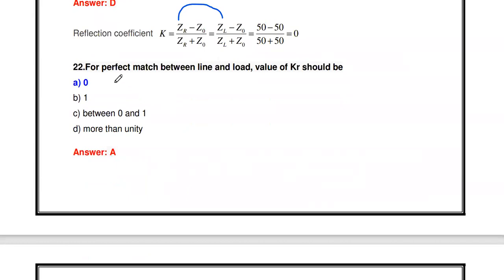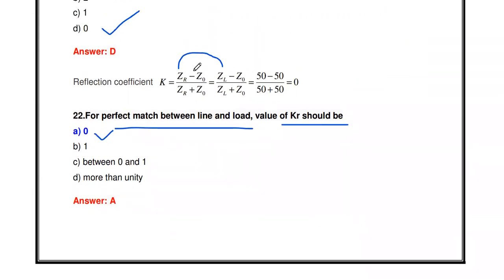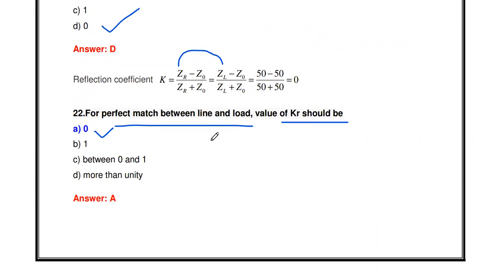Then the next one: for perfect match between the line and load, the KR, meaning the reflection coefficient, should be 0. Already you know, if the line is matched, line impedance and load impedance both equal, the reflection coefficient becomes 0.